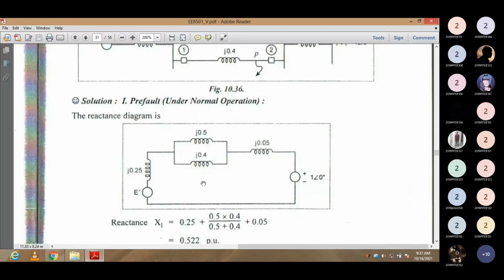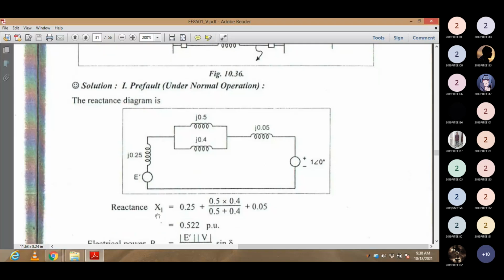In this case, we can find our equivalent reactance, which I name X1. In the suffix, 1 means pre-fault, 2 means during the fault, and 3 means post-fault.